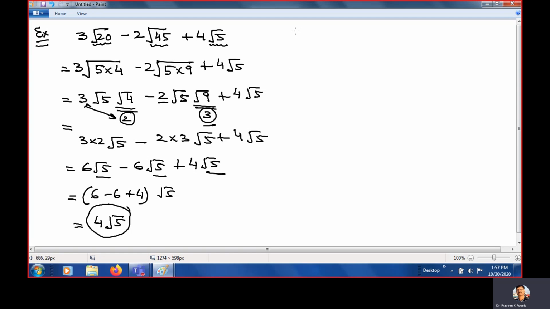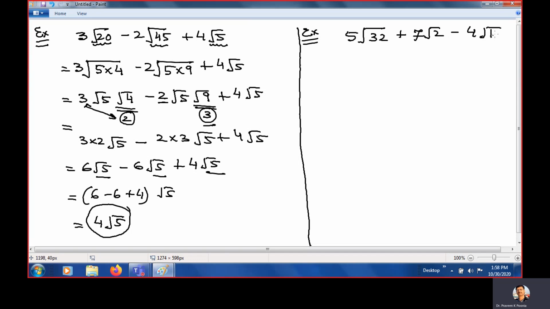So if we have different numbers, then we can break them into the same one. One more example I will take here: say 5 square root 32. Clear? And plus 7 root 2, and one negative we are taking, which is 4 root 18.